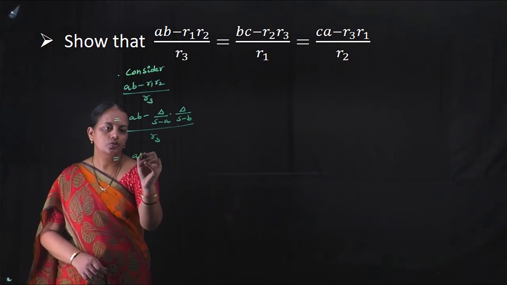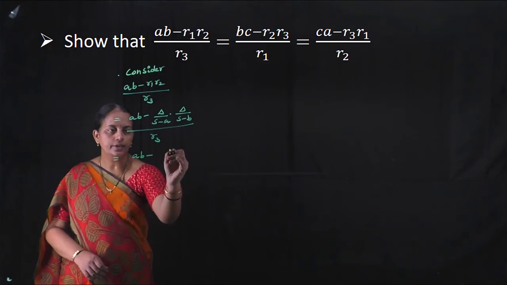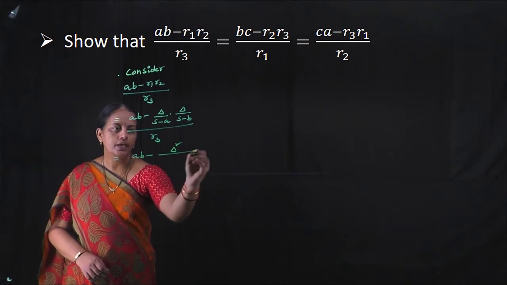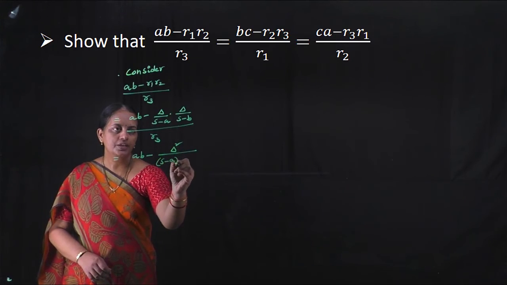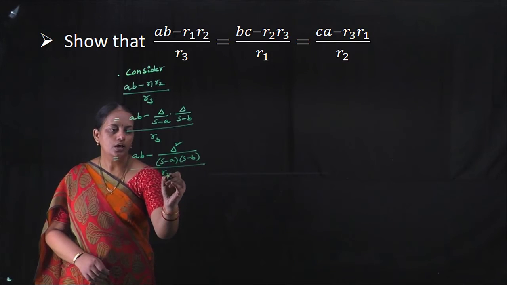This is equal to AB minus, here in the numerator we have delta into delta, that is delta square by S, minus A into S minus B by R3.